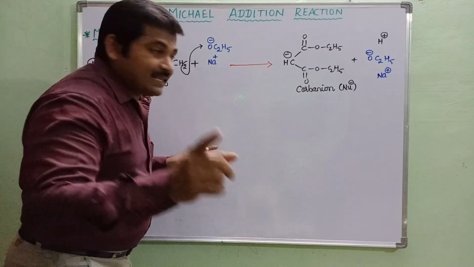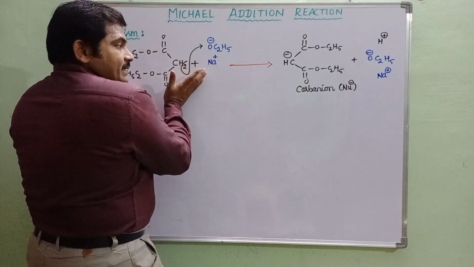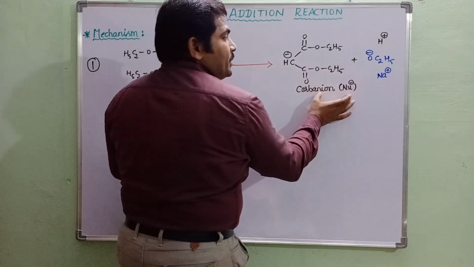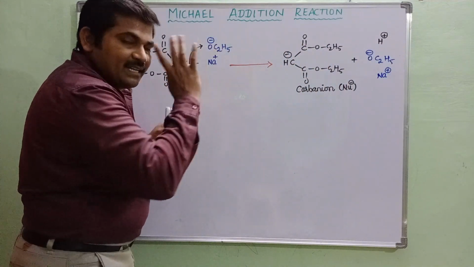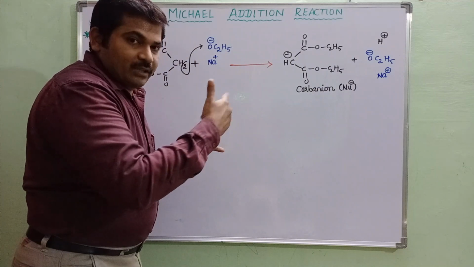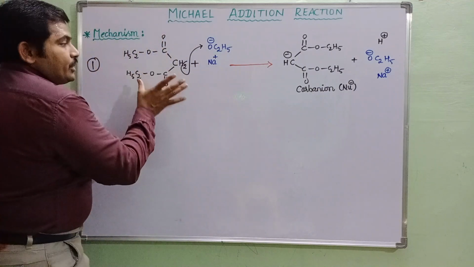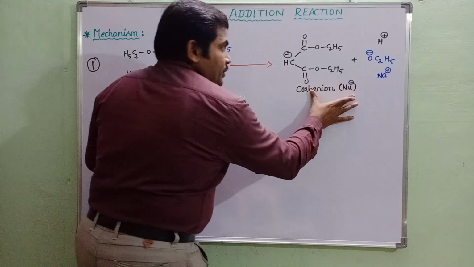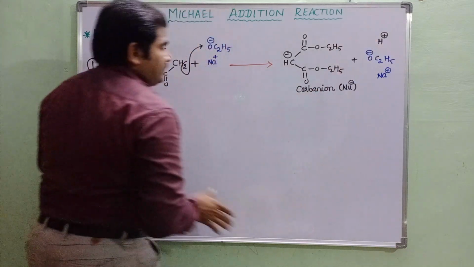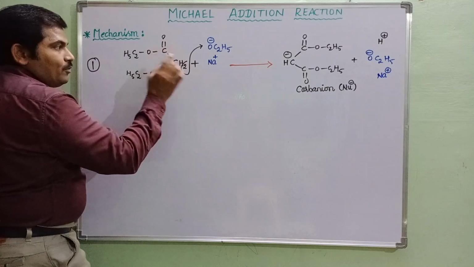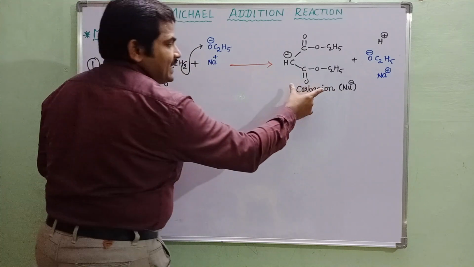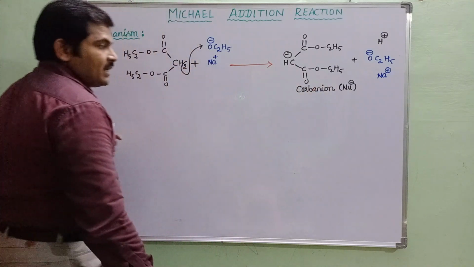You have to remember that your reagent is converted to one nucleophile and one electrophile. Keep these 2 points in mind. Later on we will discuss these 2 points. What is your reagent? The active methylene group containing carbonyl compound, which in the presence of base generates the nucleophile.